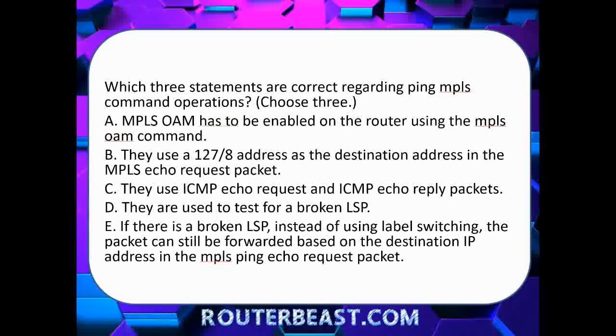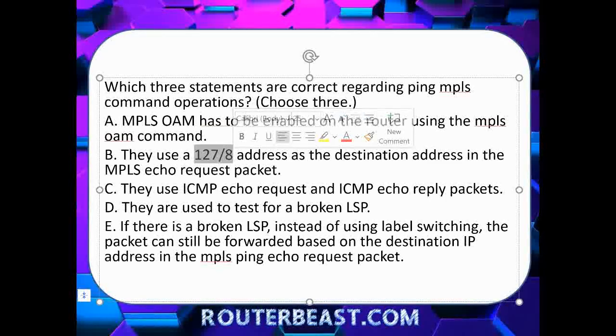All right, option B says they use a 127/8 address as the destination address in the MPLS echo request packet. What this is actually saying, because it's sort of cryptic the way that they've got it written here, is a 127.0.0.0 network address.